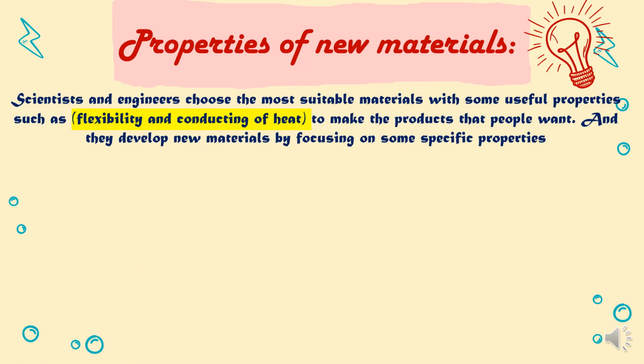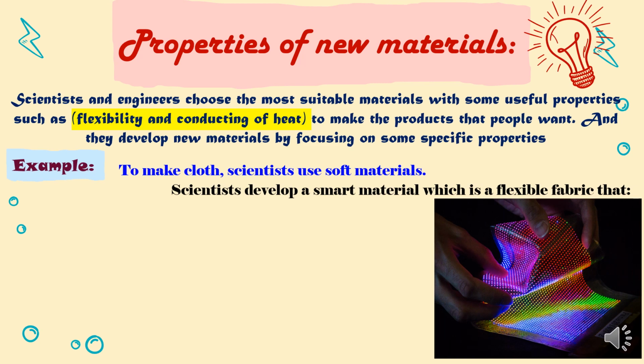Now let's talk about properties of new materials. Scientists and engineers choose the most suitable materials with some useful properties such as flexibility and conduction of heat to make the products that people want, and they develop new materials by focusing on some specific properties.